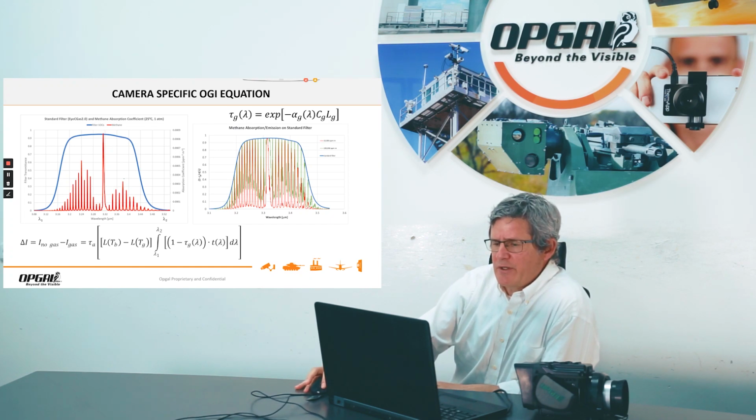So we integrate the absorption coefficient, including the concentration, and we calculate it between the beginning of the filter, lambda 1, to the end of the filter, lambda 2.